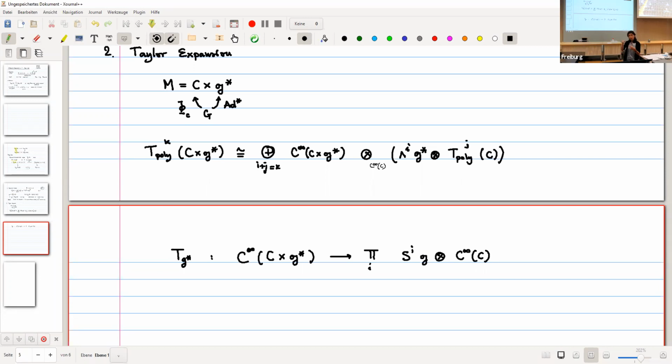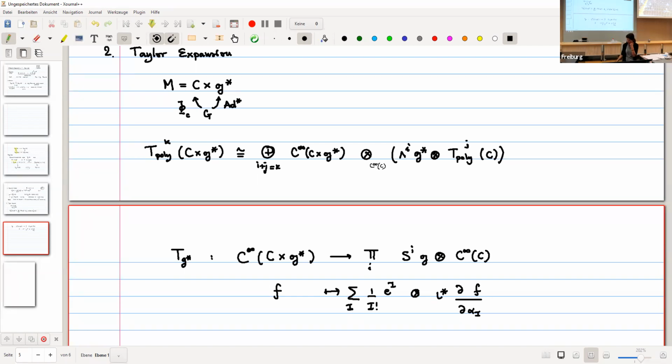I just have to take coordinates on G star. So I take a function here, and what I get on the other side is that I just have to derivate the function in the direction of the coordinates on G. Then I have to restrict to C. So this is just the usual inclusion. And then I have the G part. This is a factor, and then you sum it up. These are just natural numbers.